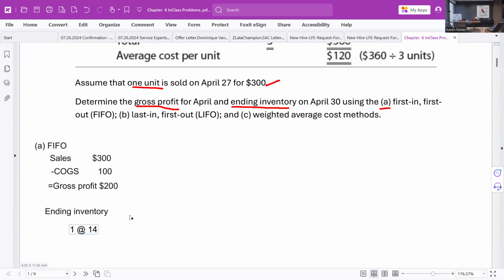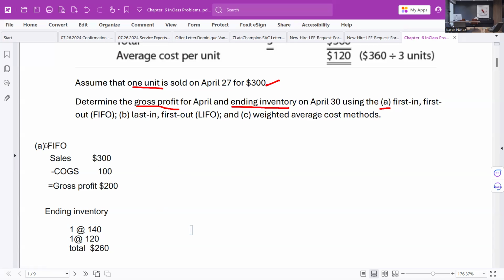The total is 260. So total ending inventory is $260. That's our ending inventory.